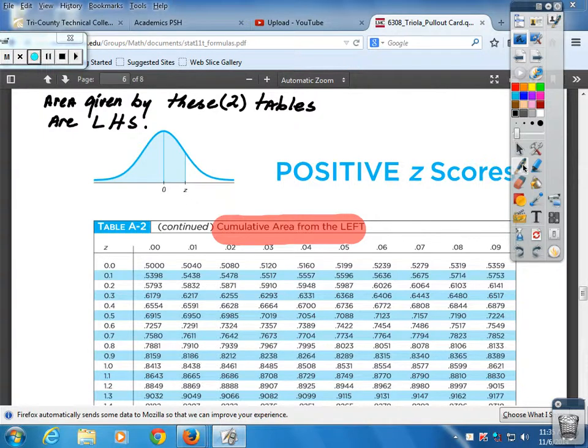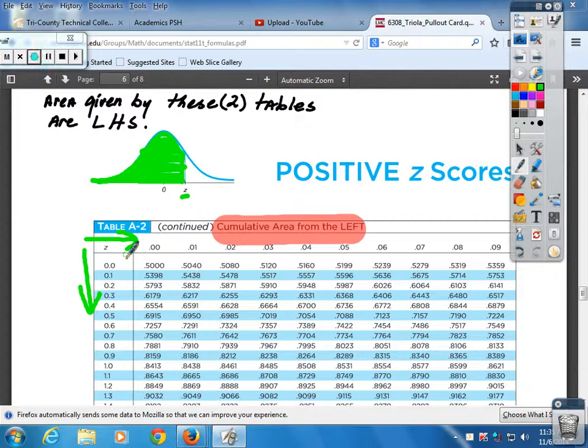And the area is right here. That area right there is what they're talking about. Now the z-score is going to be given by reading the chart.